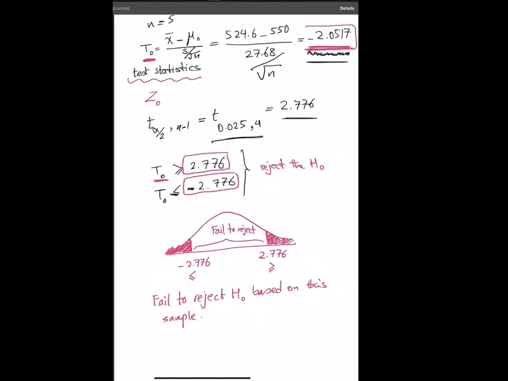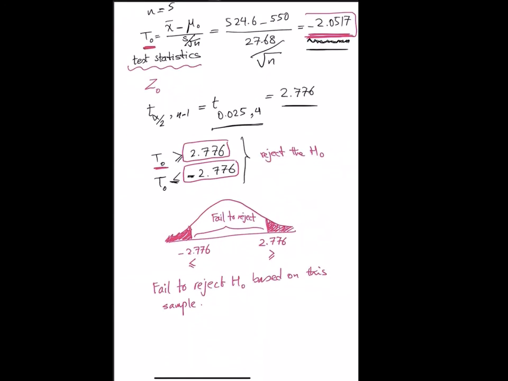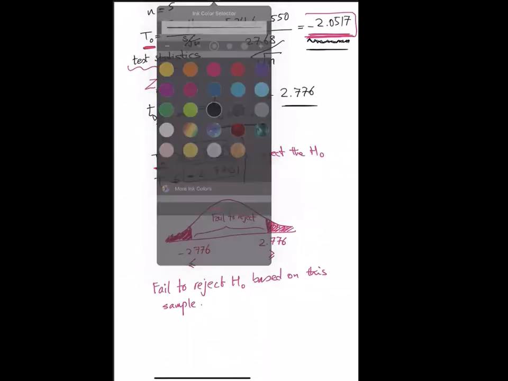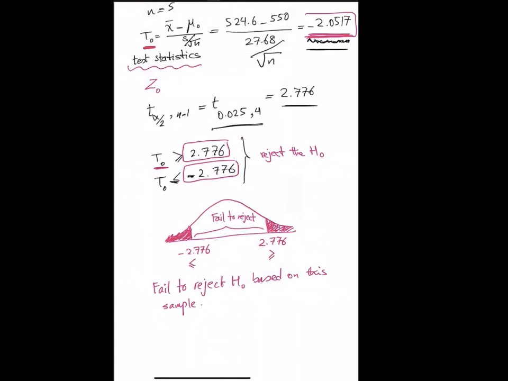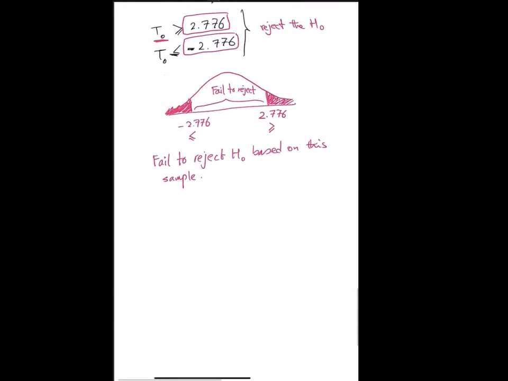Okay, so that's that. Also, we want to construct a 95% confidence interval of the mean. Okay, you guys have to help me with that. Two-sided confidence interval, a 95% two-sided confidence interval.